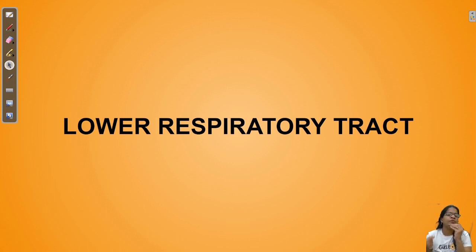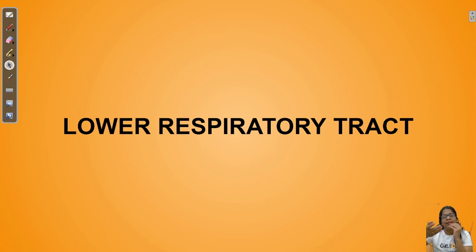The alveoli are the functional unit of your respiratory system. It is the area where the exchange of gases happens. Just imagine how we are able to take in oxygen and immediately give the CO2 outside. That is how the system is.